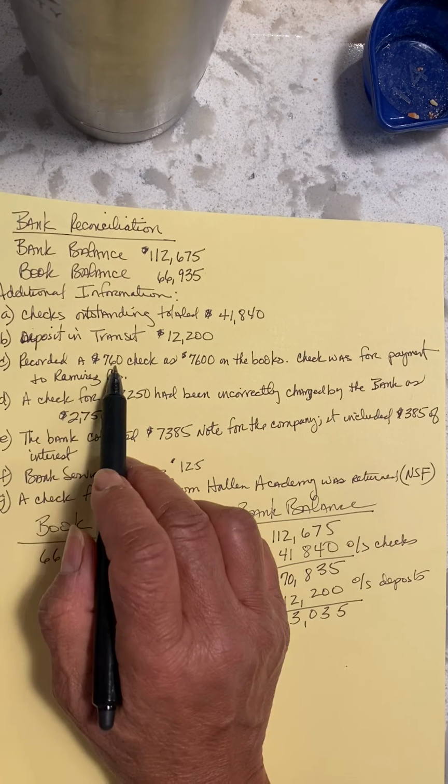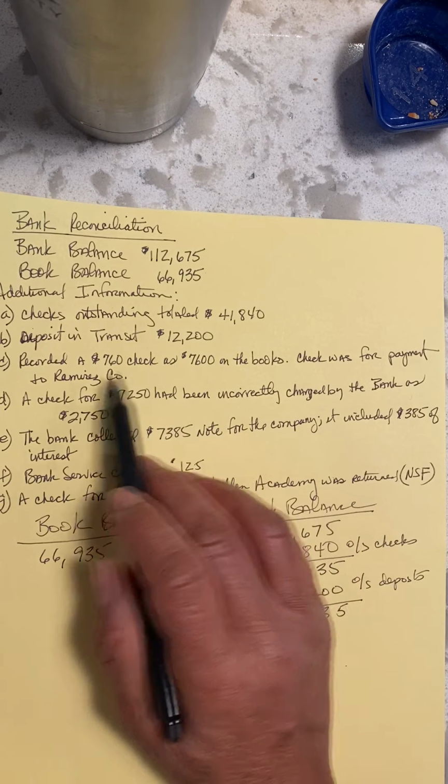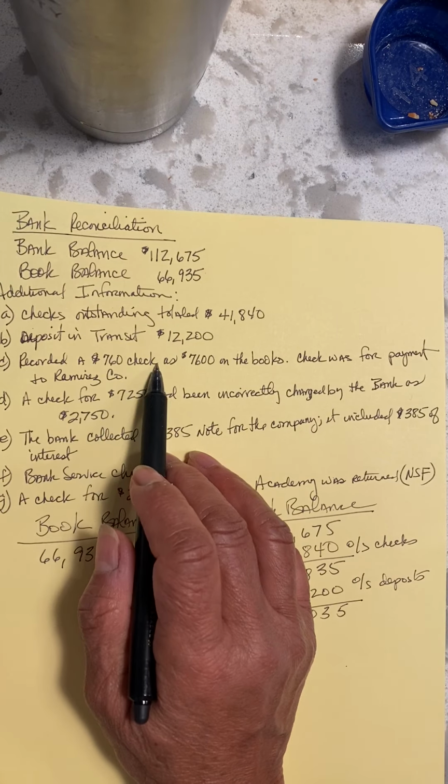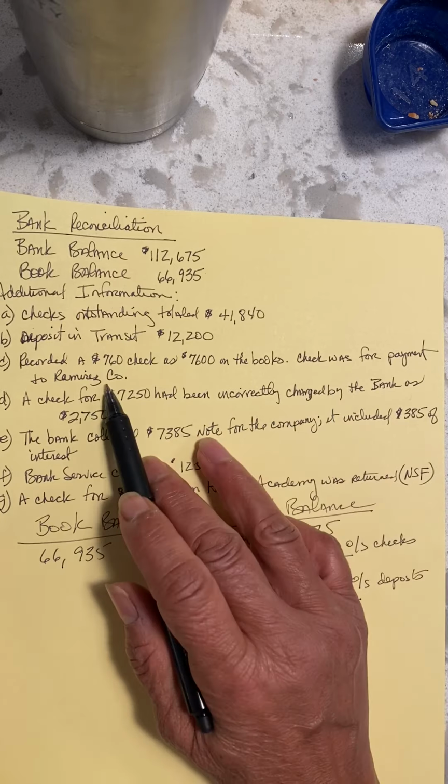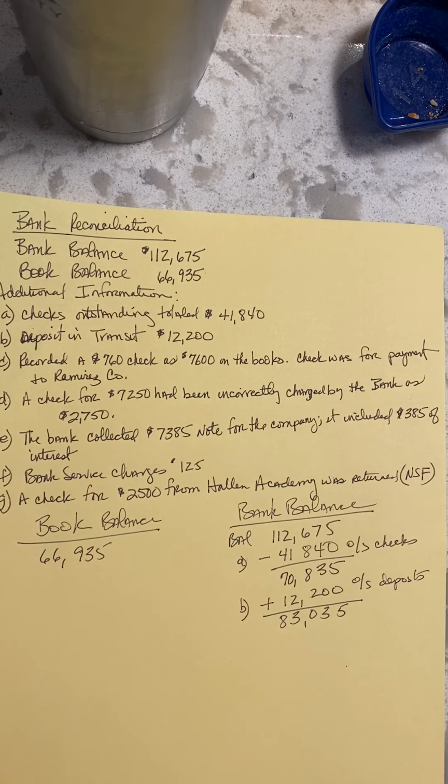C, we recorded a 760 check as 7,600 on the books for payment to Ramirez Company. So we have to adjust that. We take 7,600 and subtract 760 from it, and we get 6,840.